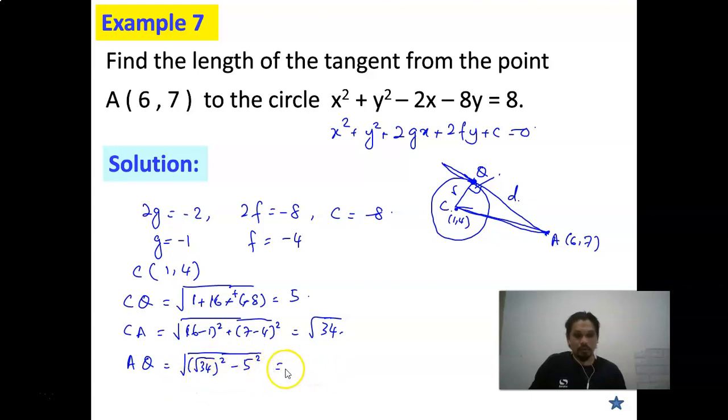And this equal to square root of 9, which is equal to 3.